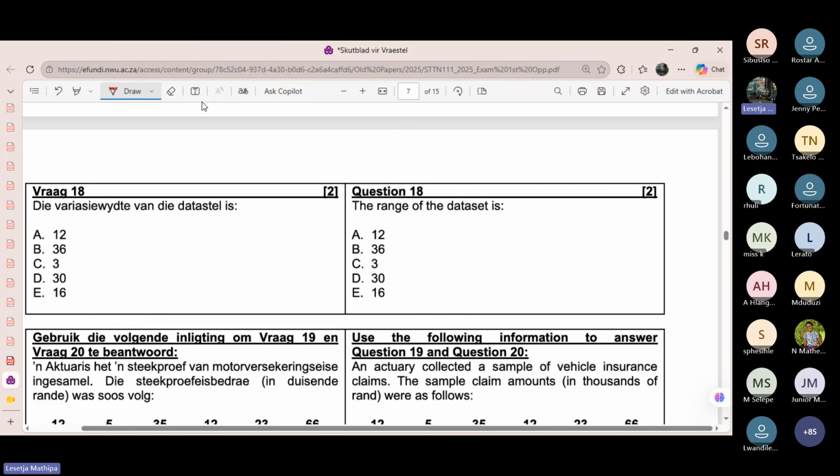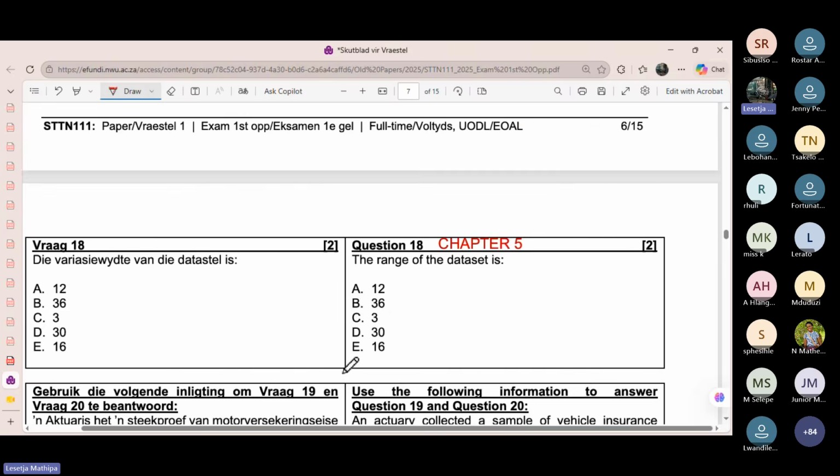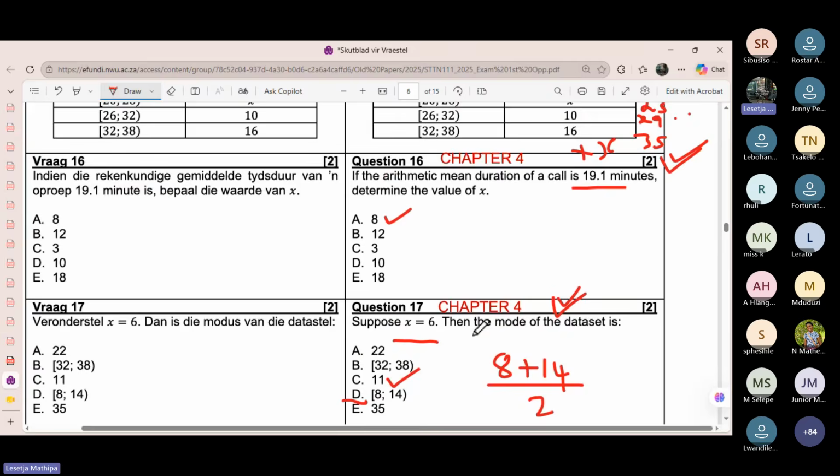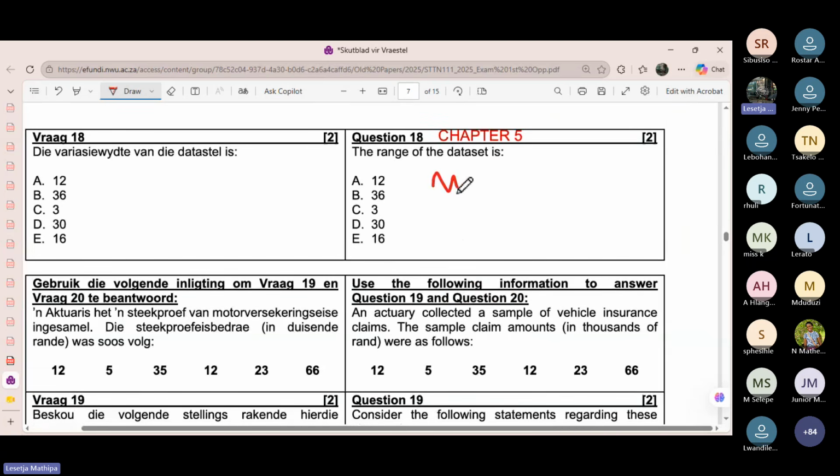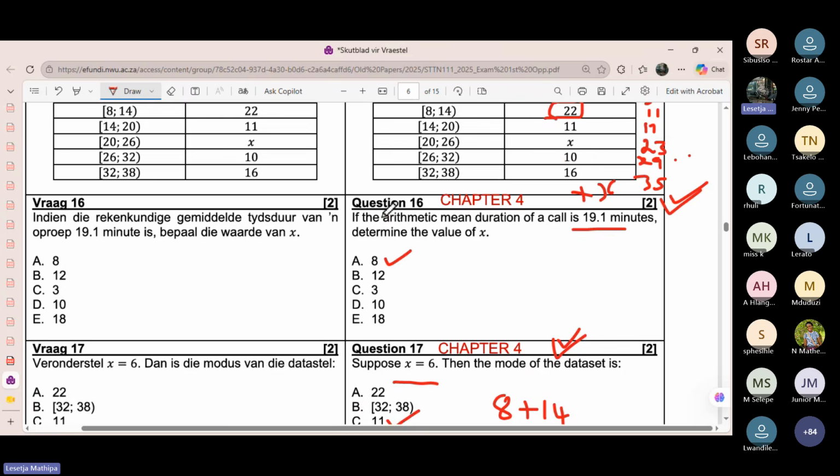All right, let's go to question 18, chapter 4. Wait, the range, chapter 5. Remember, the range is equal to the maximum value minus the minimum value. Now you go here to your intervals.